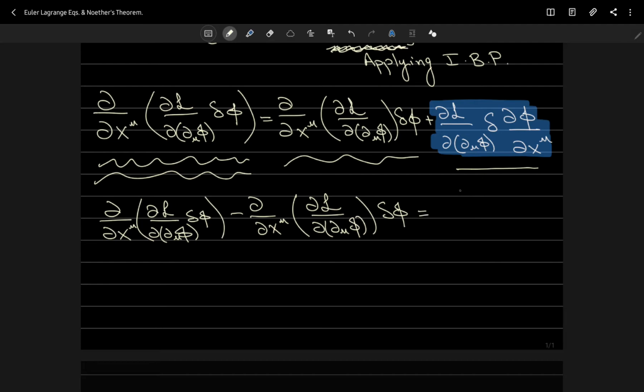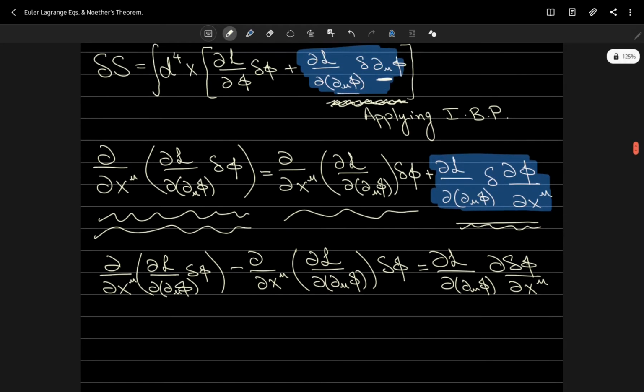And what is this equal to? Well, this is equal to this term over here, so that's ∂L/∂(∂_μ φ) times δ, or let's say that the derivatives and deltas commute, so let's just write it ∂(δφ)/∂x^μ, right?